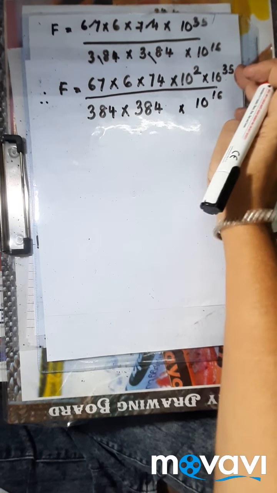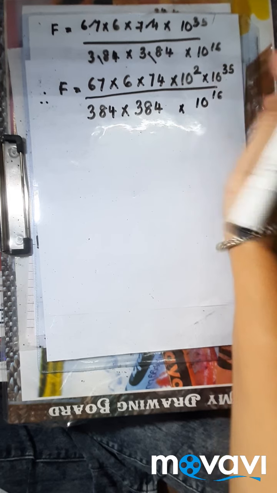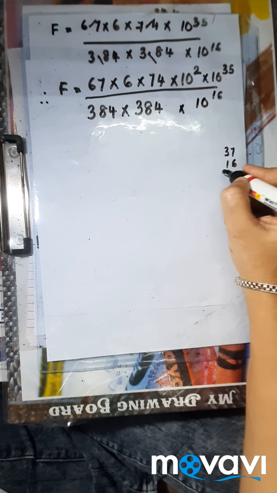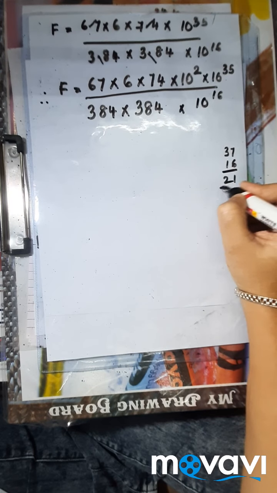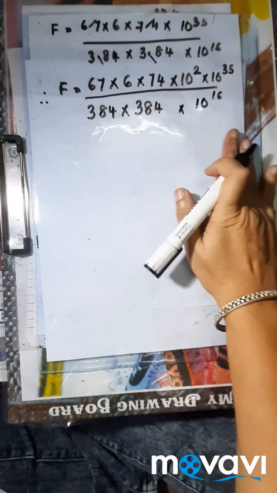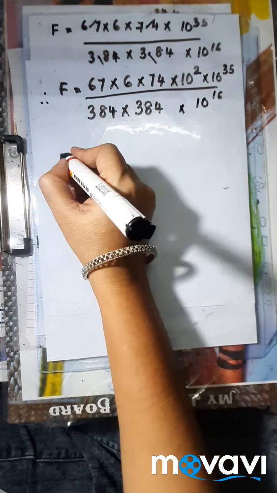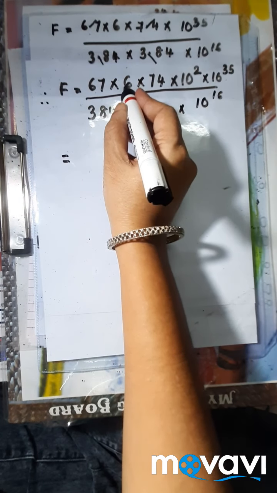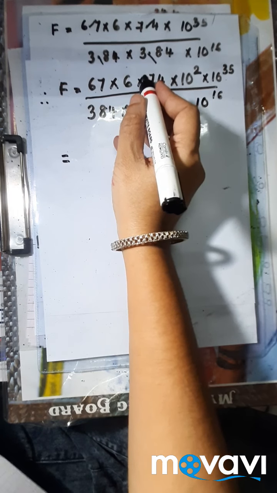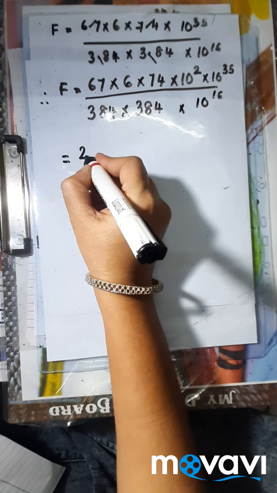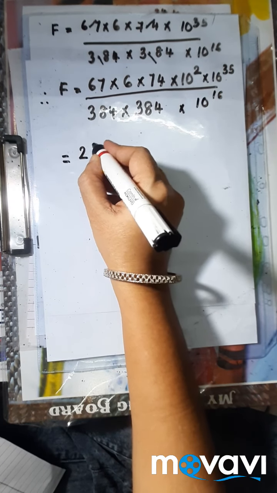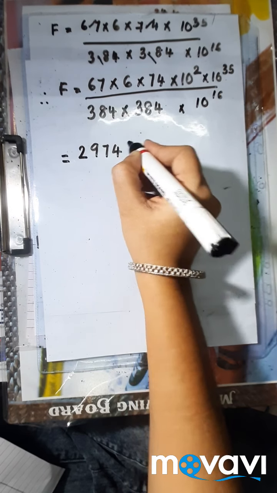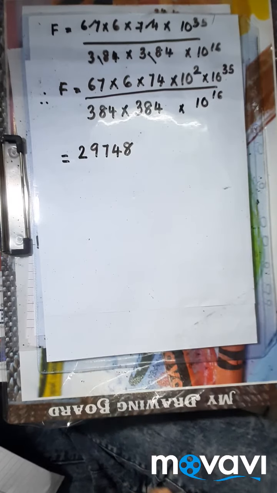Now when I minus this, pay attention. I'm going to multiply 67 into 6 into 74. I'm not really testing you with your multiplication, that is 29748.